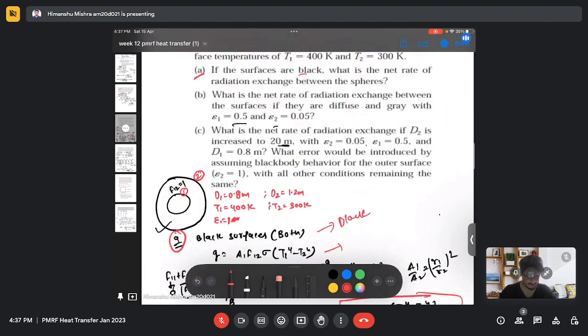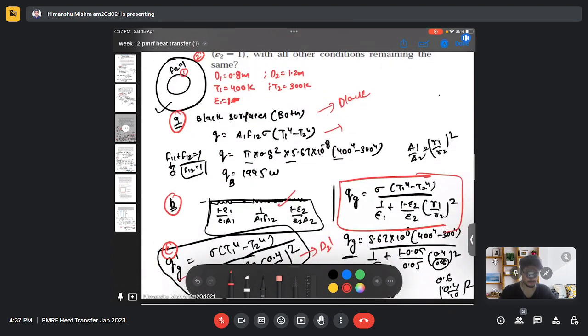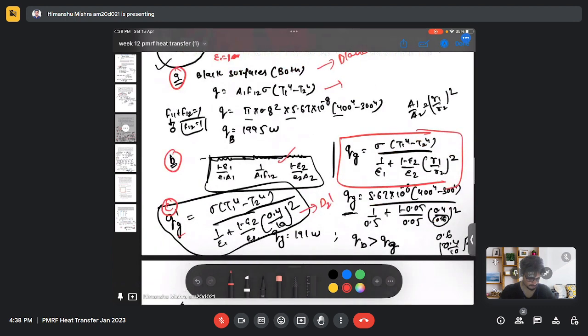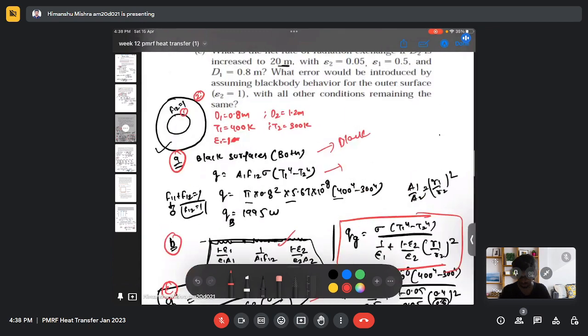In the last part C, the diameter increases to 20 meter, so we just substitute the modified diameter in the same expression to find the modified heat transfer due to the change in diameter. So, any questions?